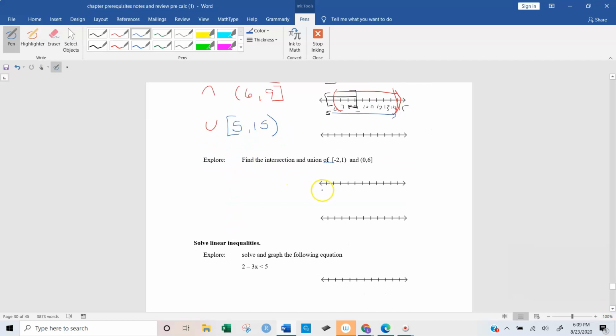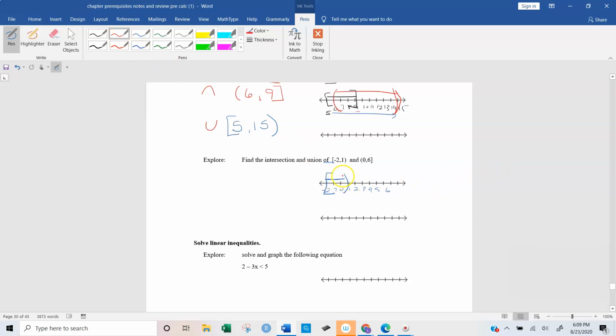Okay, let's put these numbers on here. -2, 0. All right, our first one goes from -2 inclusive, so that's a bracket, to 1 non-inclusive, so that's a parenthesis, and that's my first graph right here. Let's do red again.